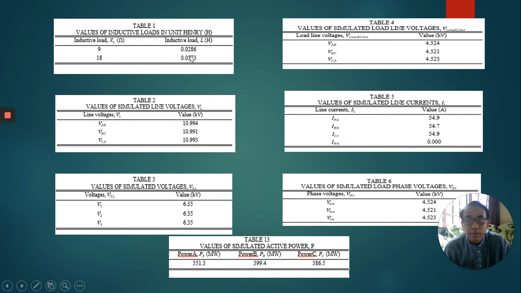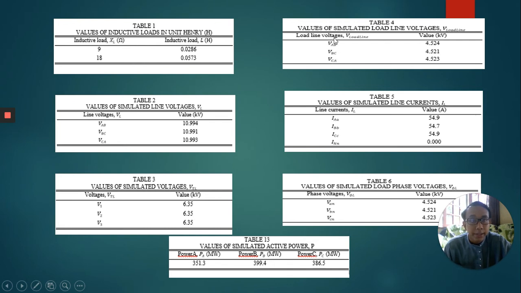This is for table 2, this is PAB, line voltage for AB, line voltage for BC, and line voltage for CA. For table 3, we got the simulated voltage for V1. The answer is the same: V1, V2, V3, voltage and generator.